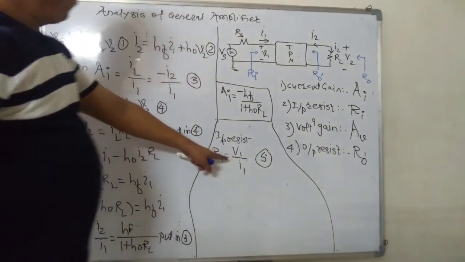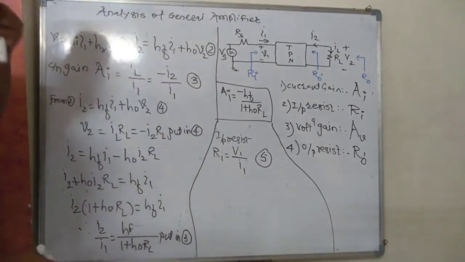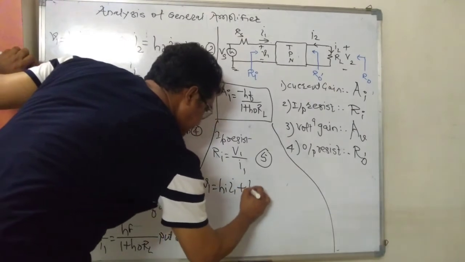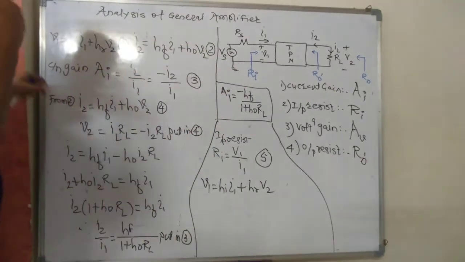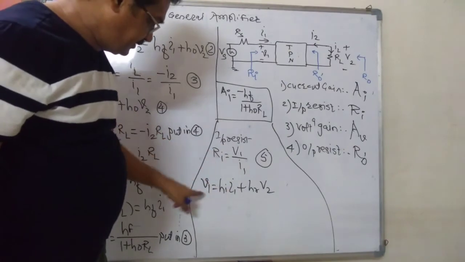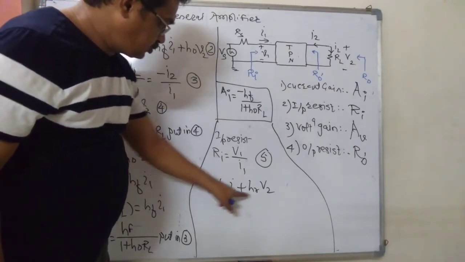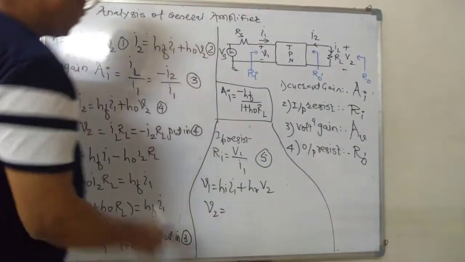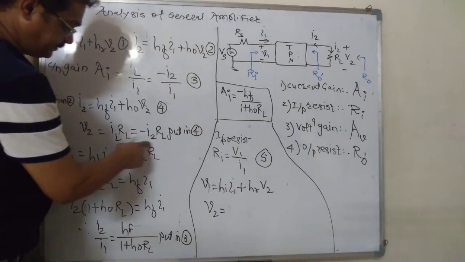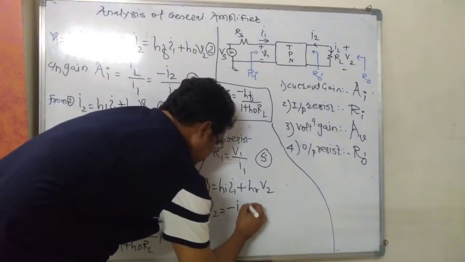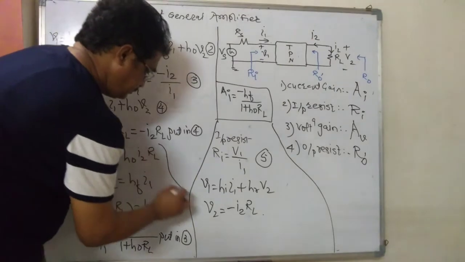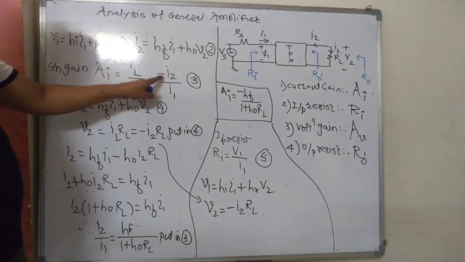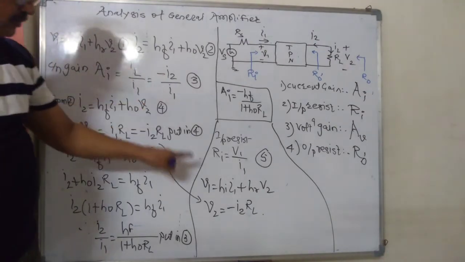We have an equation for V_1: V_1 is equal to h_i I_1 plus h_r V_2. For V_1 upon I_1, this is the term of V_1 and this is the term of I_1, so again V_2 is not required. V_2 is equal to minus I_2 R_L, and from equation 3, minus I_2 will be A_I into I_1.